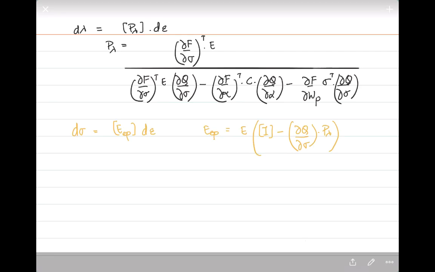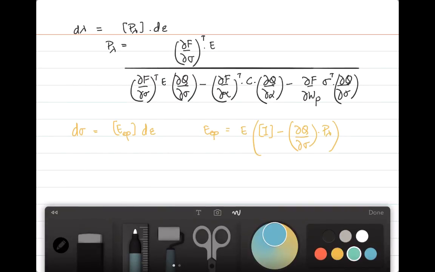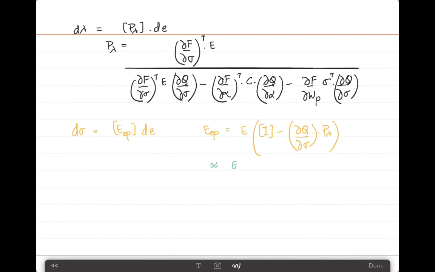So it can be regarded basically as a form of a tangent modulus, quite similar to the tangent modulus that we work with in incremental stress for nonlinearities. It's a symmetric matrix with an associated flow rule.